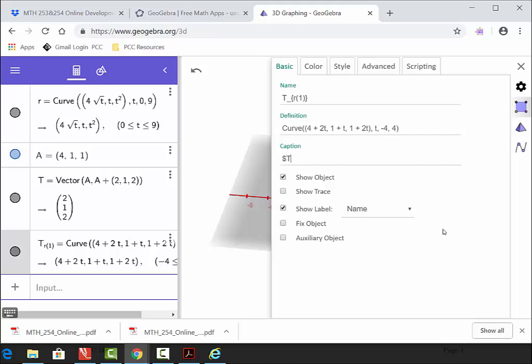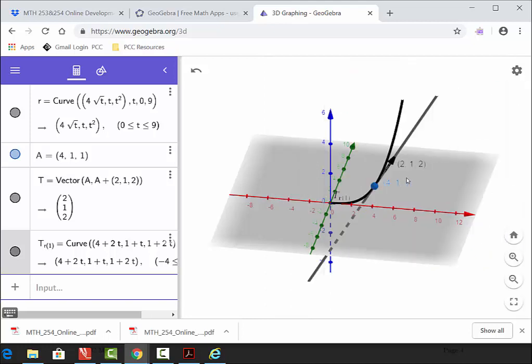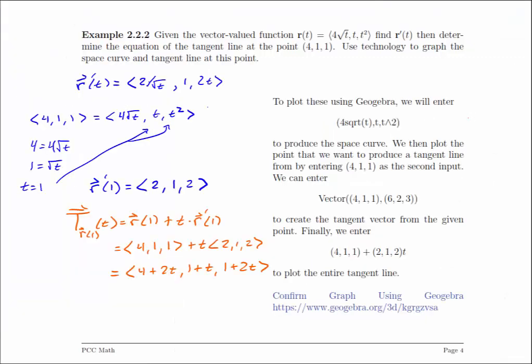So I could say t sub, and I'm doing a boldface for the R to show that it's actually a vector of 1, and I can do caption here and close that, and then we see that it actually does it in the nice tech code font here. Yeah, so that is that problem.